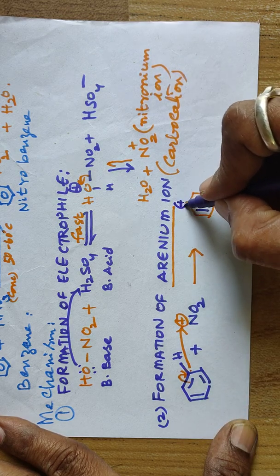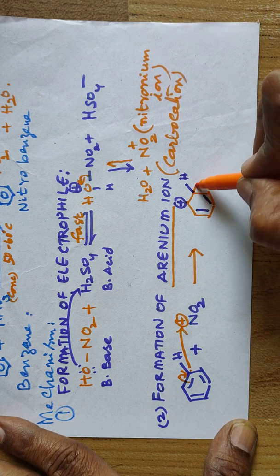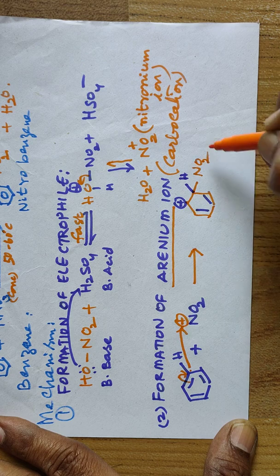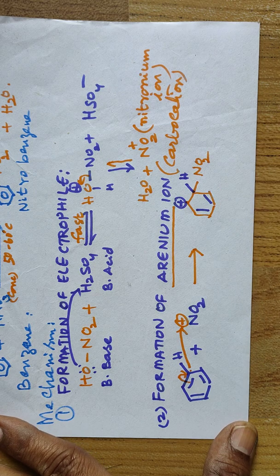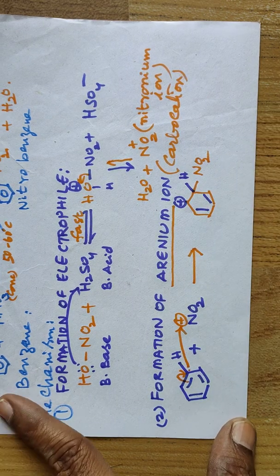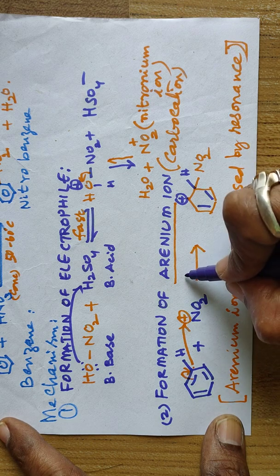This carbon acquires positive charge, with hydrogen and the newly introduced NO2. The carbon with positive charge is known as arenium ion, which is stabilized by resonance. This step is a slow step.